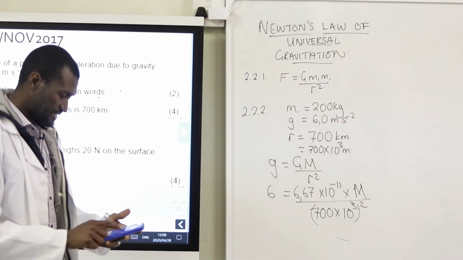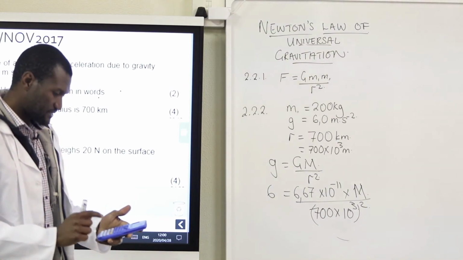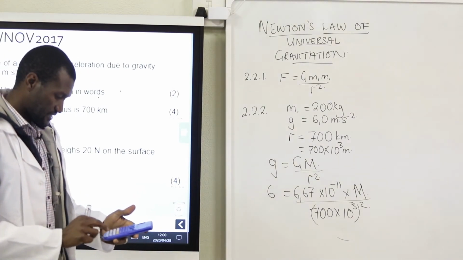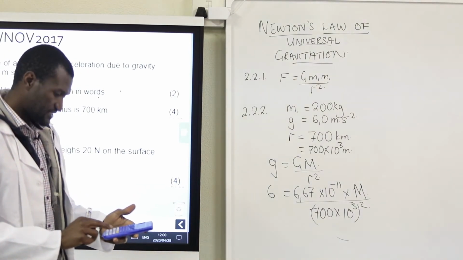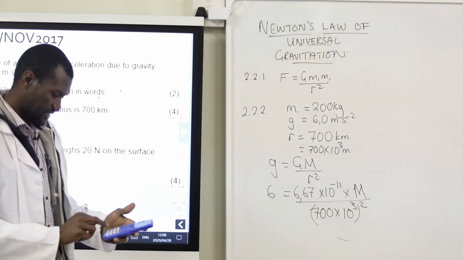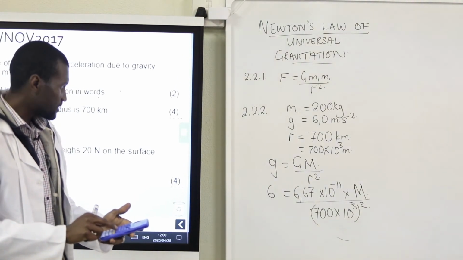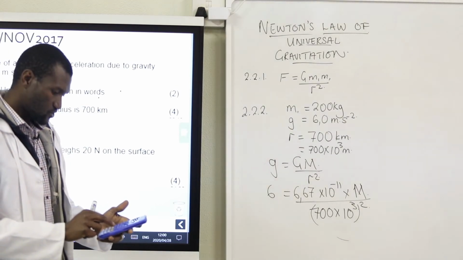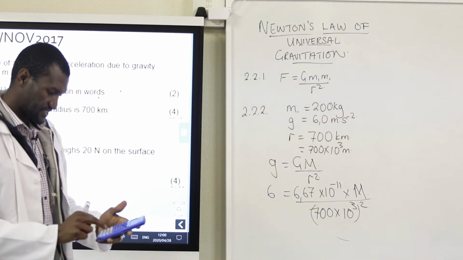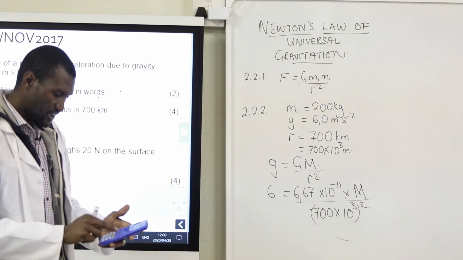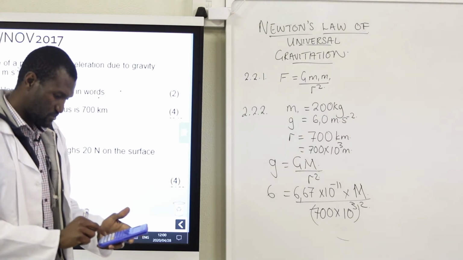Let's go back again. So that's 6 times 700 times 10 to the power of 3 all squared. Be familiar with your calculator, so do this together with me.